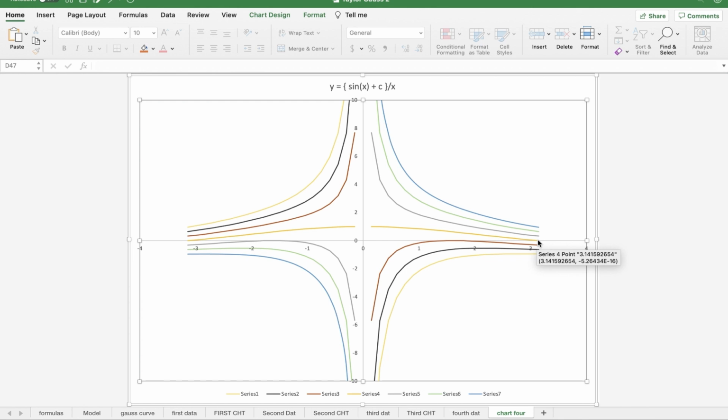It's always positive, because when you think about it, if the sine of an angle is negative and you're dividing it by a negative x, it's going to be positive. So you're going to have a symmetry on either side of the x-axis. And again, you're going to have a discontinuity at x equals 0 because you can't have anything divided by 0. So you got that break there.